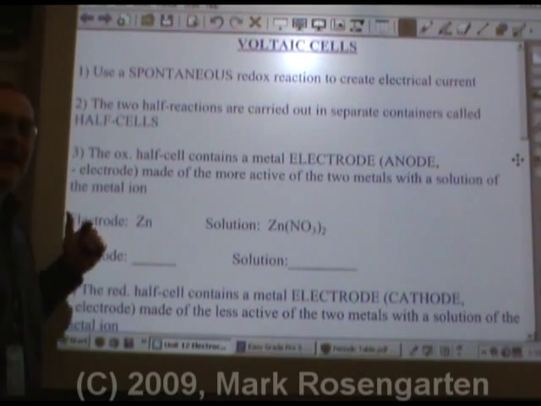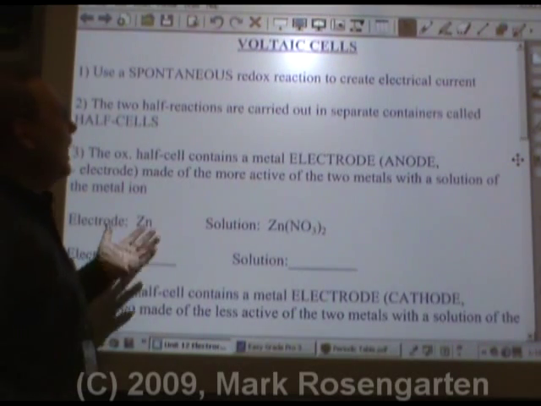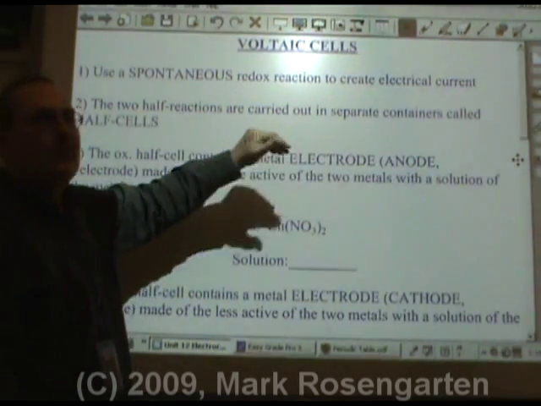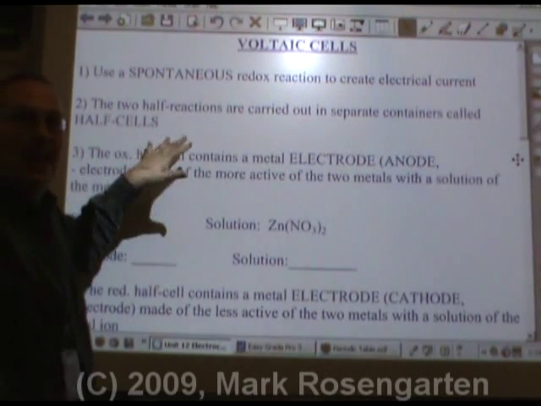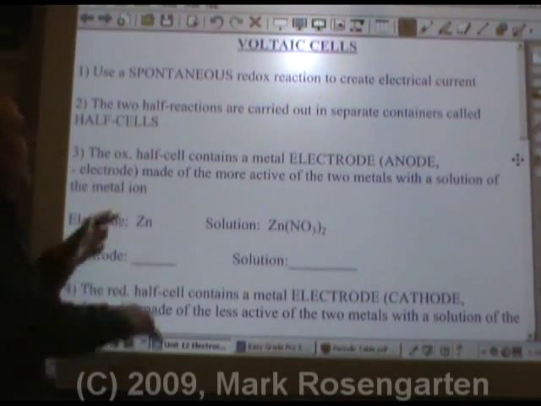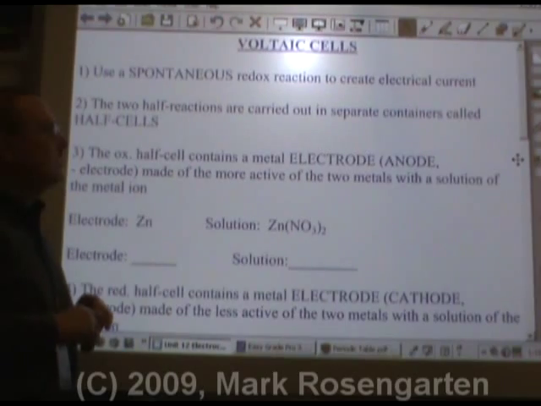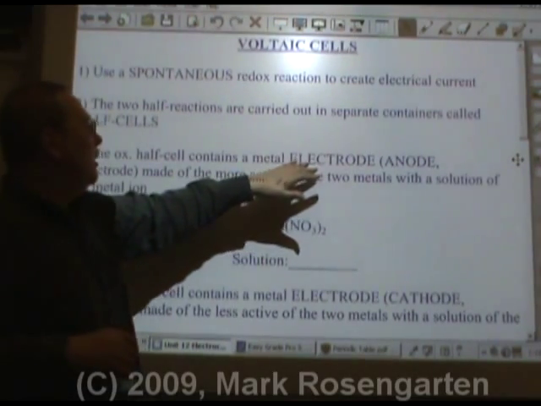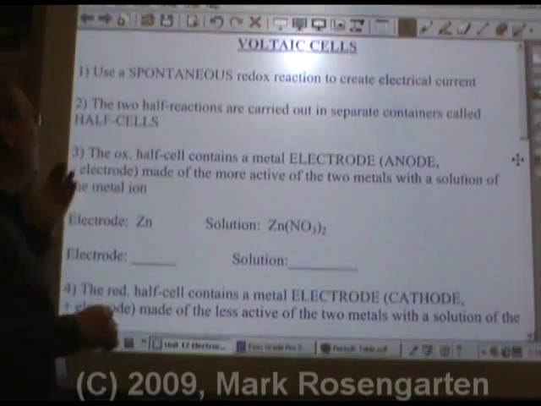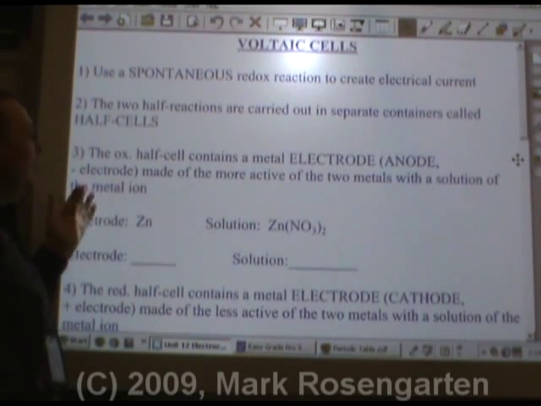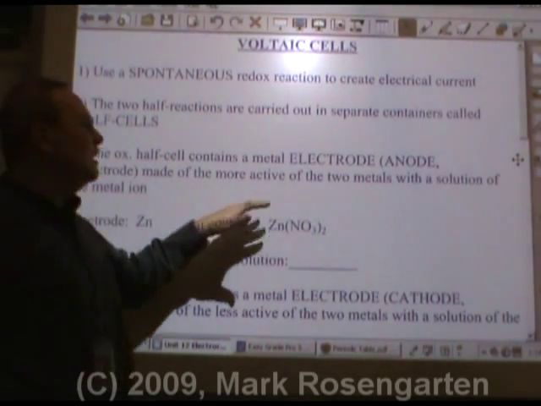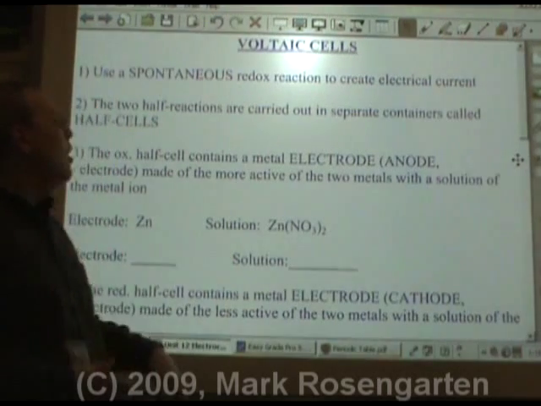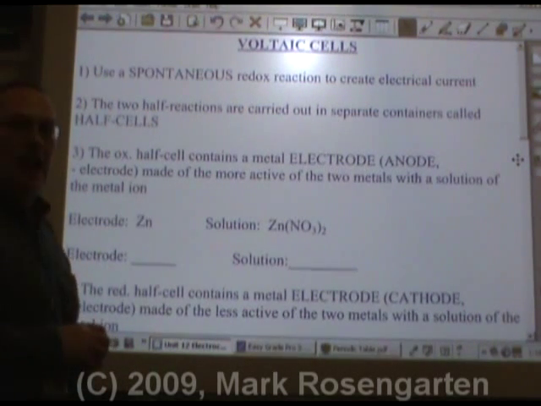The two half reactions that make this go are carried out in two separate containers that are called half cells. The oxidation half cell contains a metal electrode, which we call the anode, or the negative electrode. And it's made of the more active of the two metals that you're using with a solution of the metal ion.